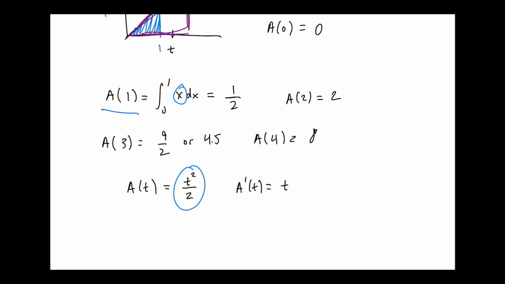So here's sort of the point. When we started talking about integrals, we were thinking purely about area. We also talked about antiderivatives. Is there any suspicion that those two things might have anything to do with each other?